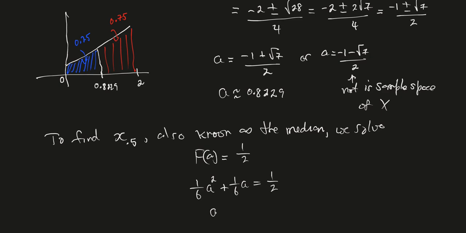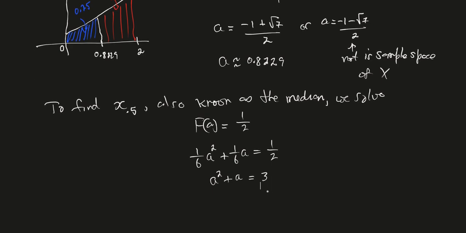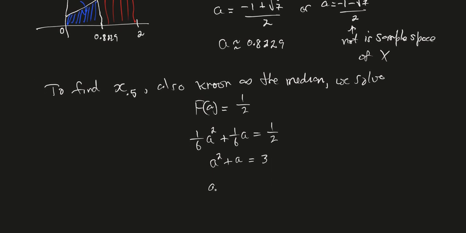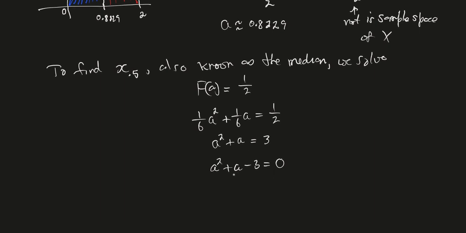So we have a squared plus a is equal to 3, and then move the 3 over. So we got a squared plus a minus 3 is equal to 0. Again, we can't find factors of -3 that add to give us a positive 1. So once again, we're going to have to use our quadratic formula.